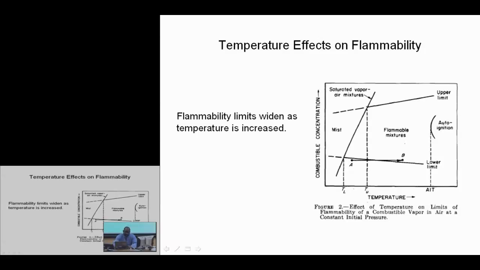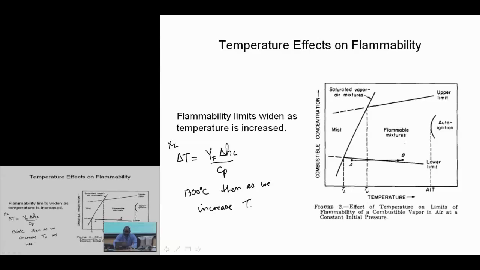Again, think about it more or less as delta T equal to the mass fraction times the heat of combustion divided by C_P, and we want to reach some final temperature, say 1300 degrees C. Then this is the lower limit. As we increase T0, we need less fuel to get to 1300 C.